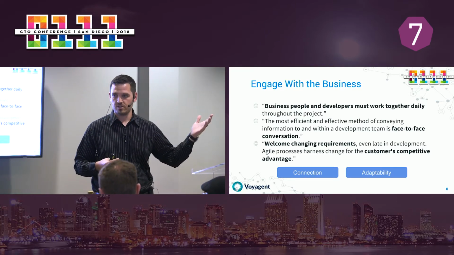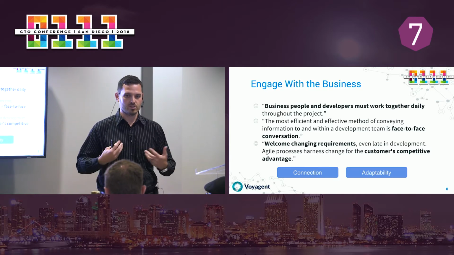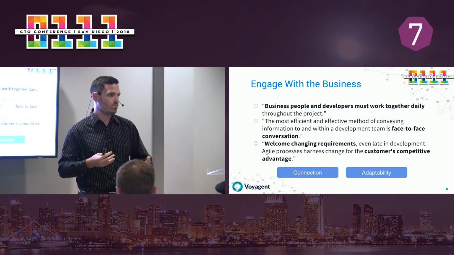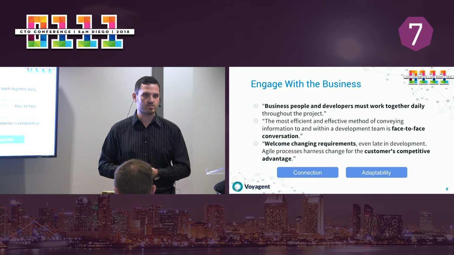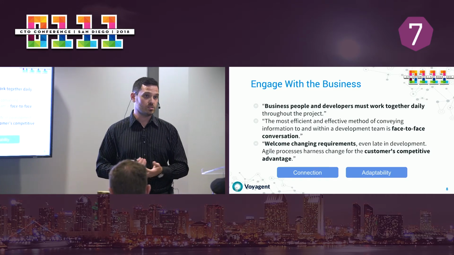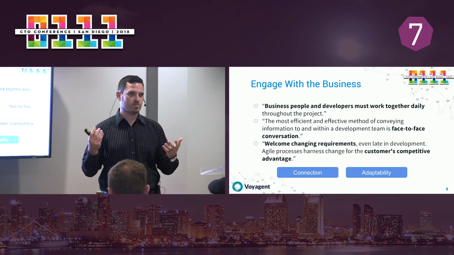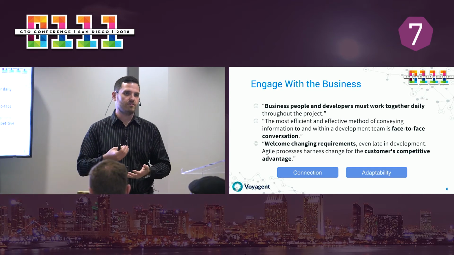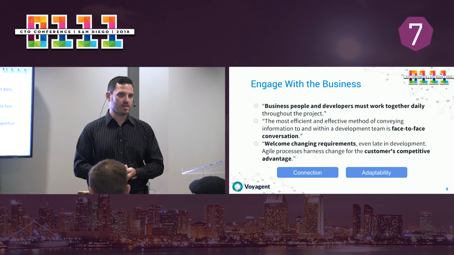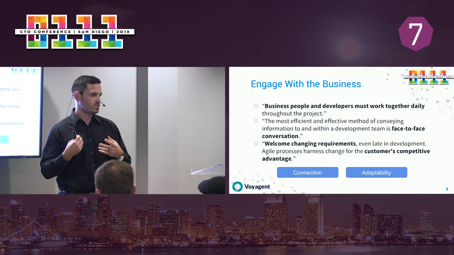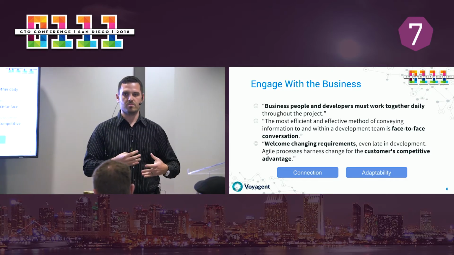You don't need very detailed requirements because they intuitively understand what the user's conventions are, and so on. So the principles say business people and developers must work together daily, face to face. The engineering team must be in support of the business goals.